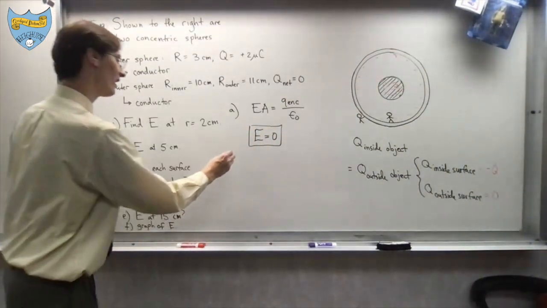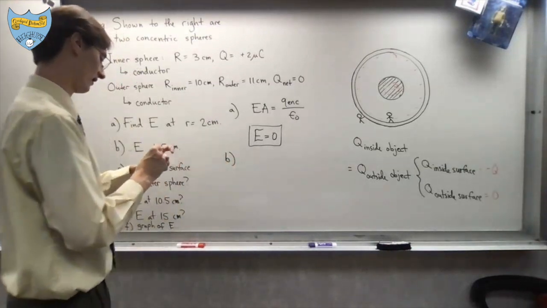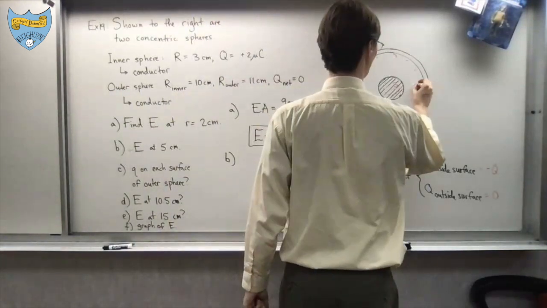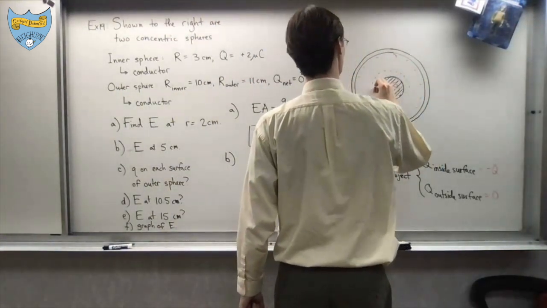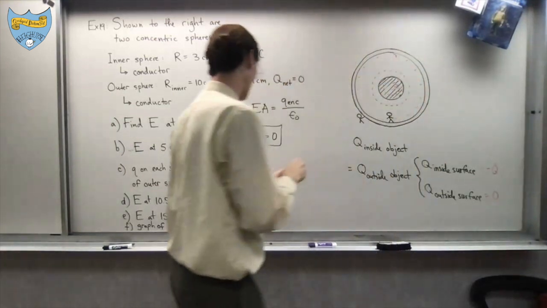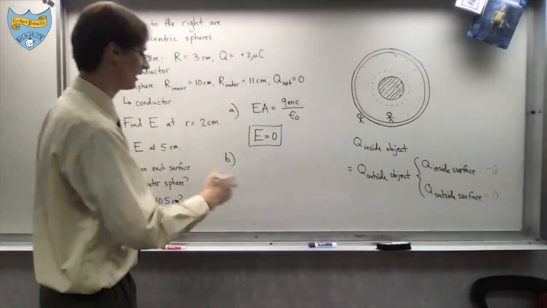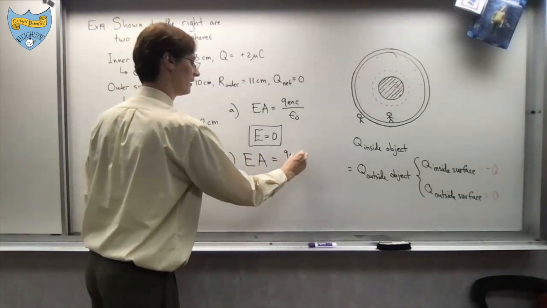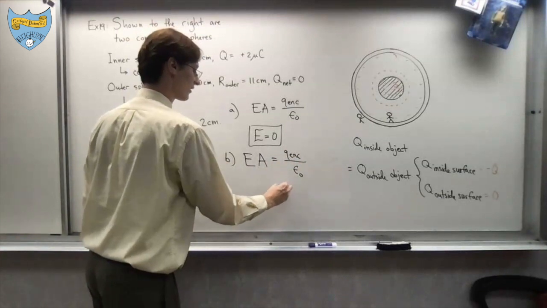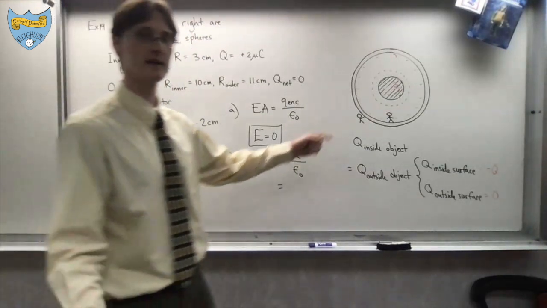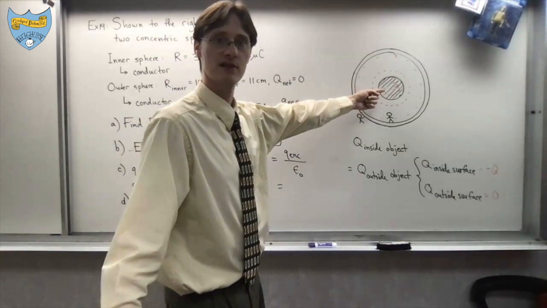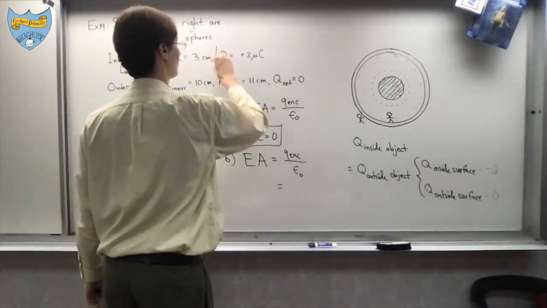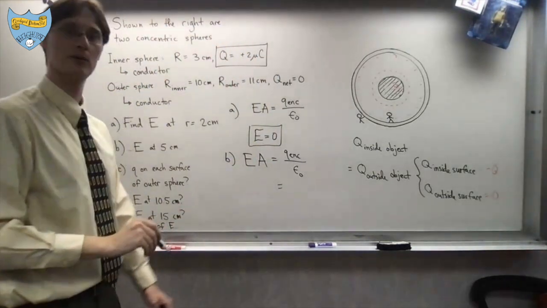All right, B, find the electric field at 5 centimeters. All right, well, we'll still use Gauss's law, but 5 centimeters is like somewhere out here. All right, there's 5 centimeters. In this case, since it's spheres, Q enclosed would be whatever the charge of this sphere is. In the prompt, I find it as plus 2 microcoulombs.